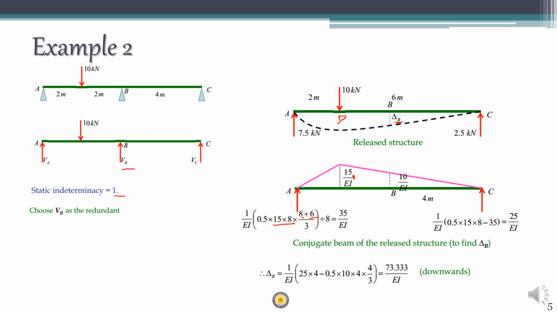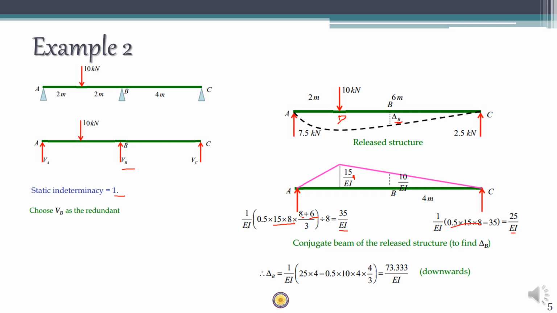We get the support reaction at A as 35 by EI, and the support reaction at C can be computed as the total area minus 35 by EI. Half into 15 into 8 is the total area, minus 35.